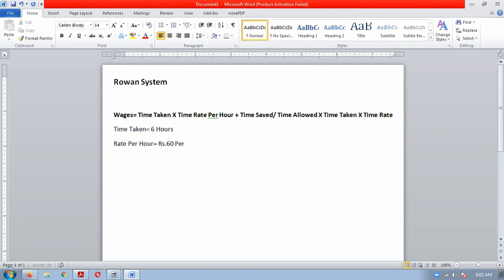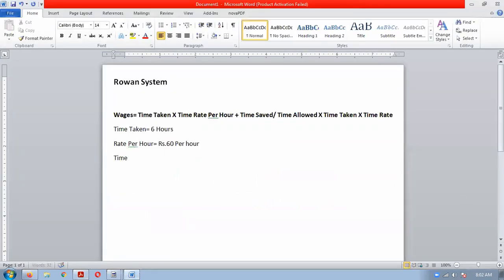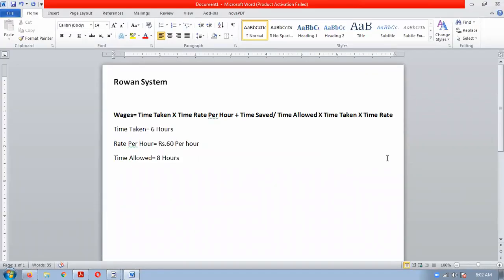Time allowed, what is the time allowed? Time allowed is 8 hours. Now what is required? Time taken we have noted down, rate per hour we have got, time allowed is given. Now we have to find the time saved.